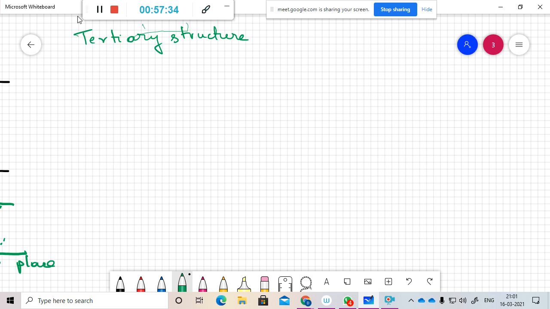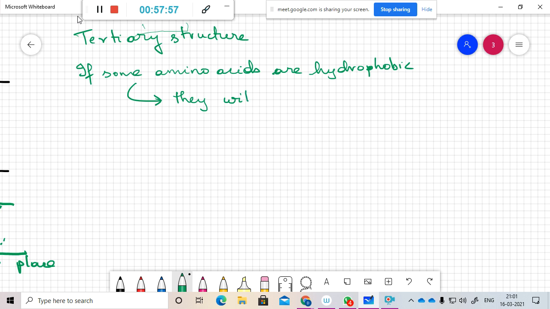For example, if some amino acids are hydrophobic, what will happen is they will try to go to the center, away from water.